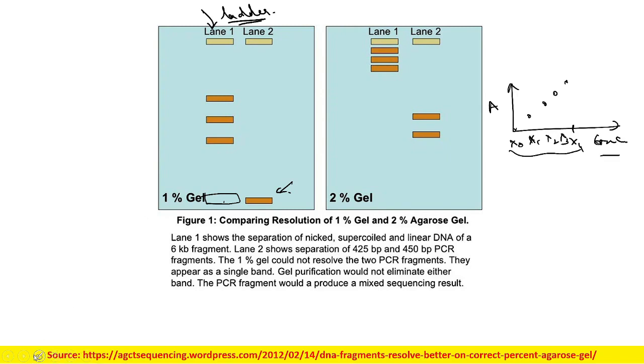Say for example, let us take some arbitrary values over here. Say this was 0, 10, 20, 30, 40. We are having like this. Okay. Suppose in our case it was 45.